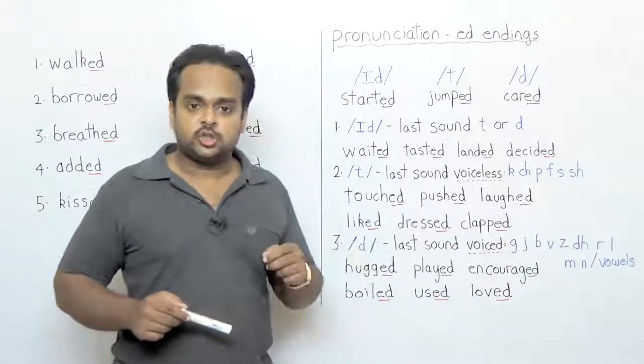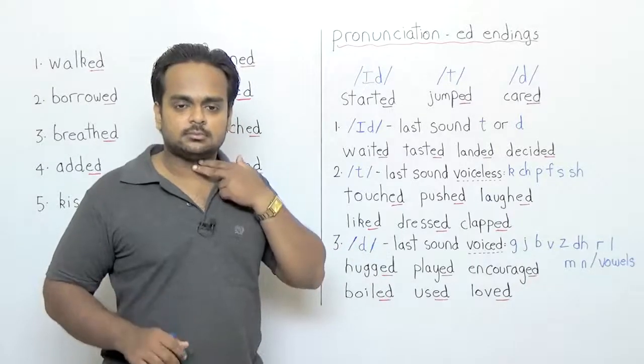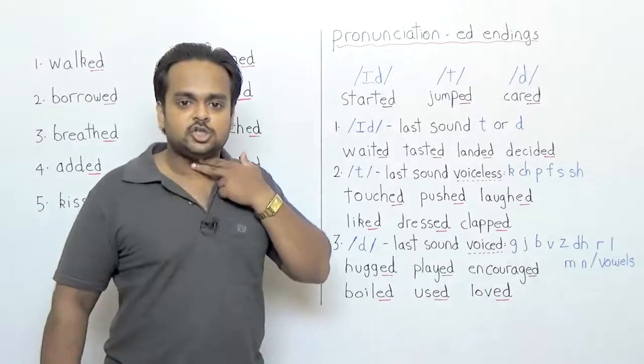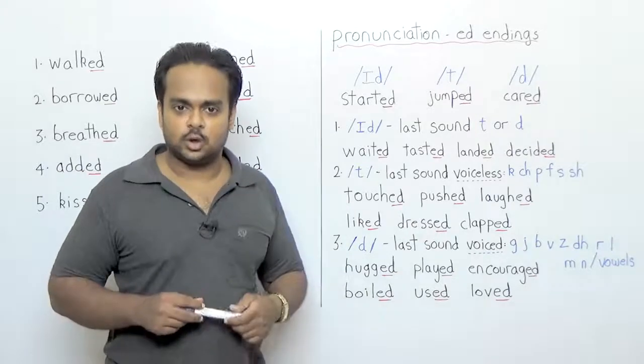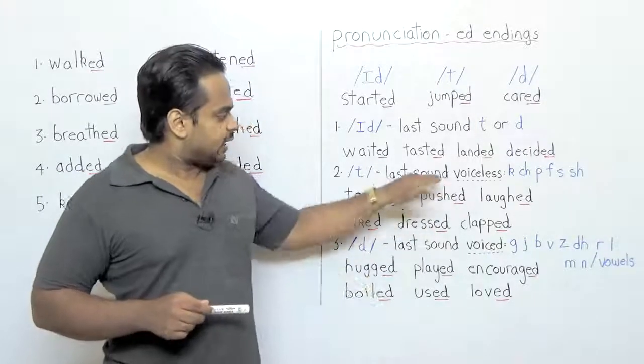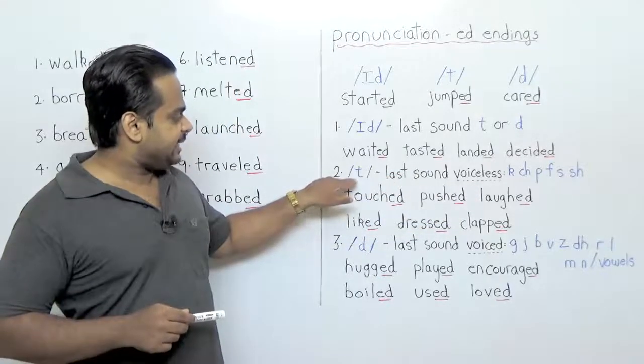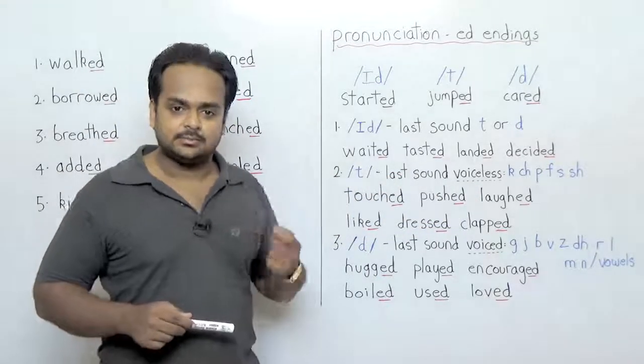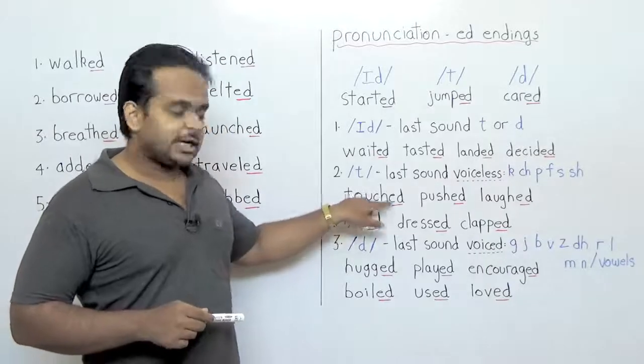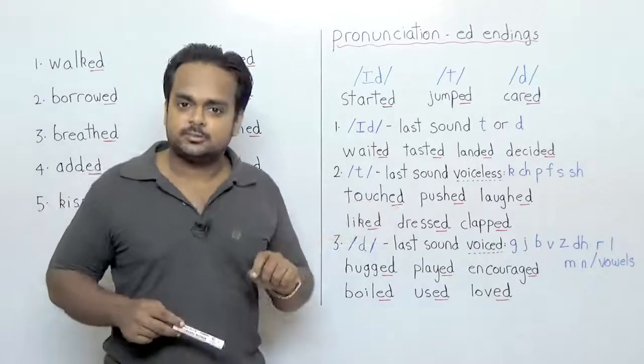Similarly, shh, like you're telling someone to be quiet. Shh, again, no voice. If the last sound in a word is voiceless, then the ed ending is pronounced t. For example, touched, touched.